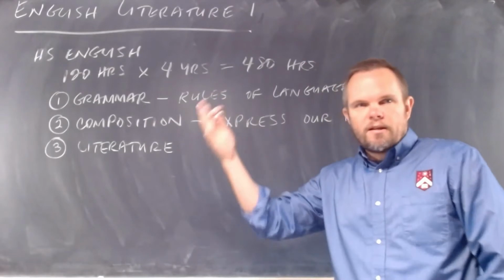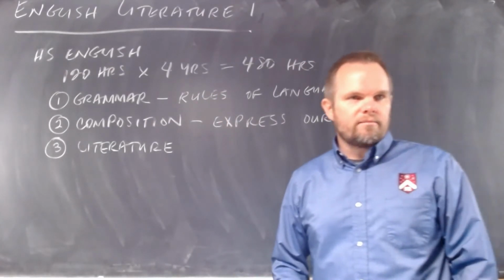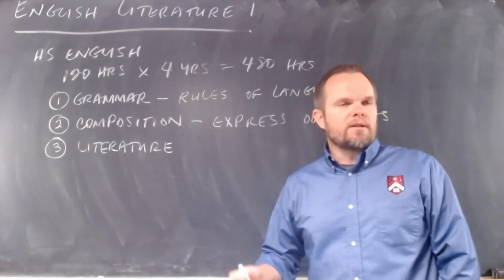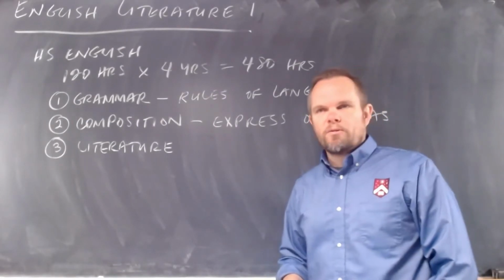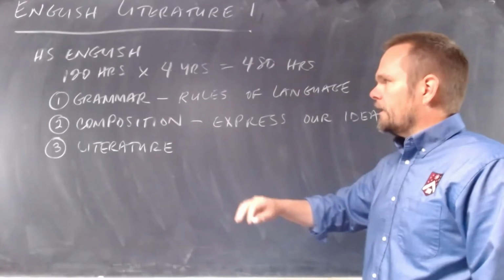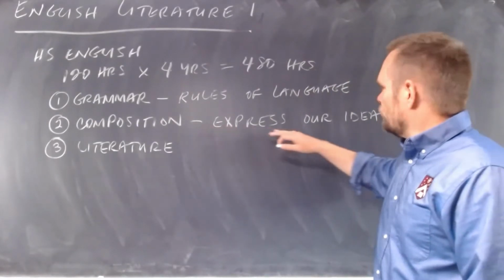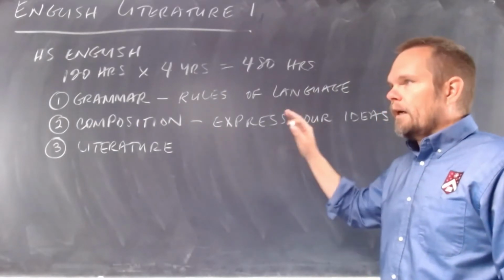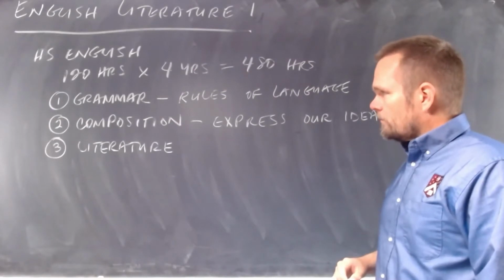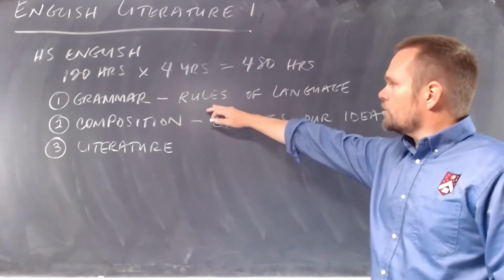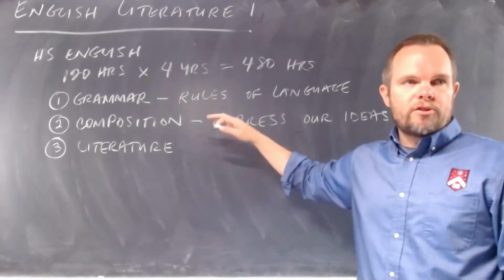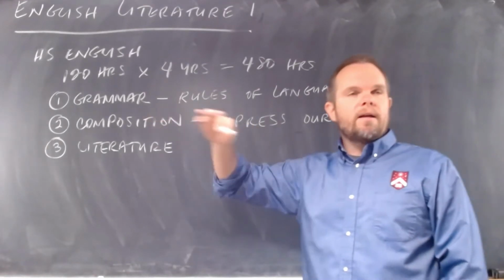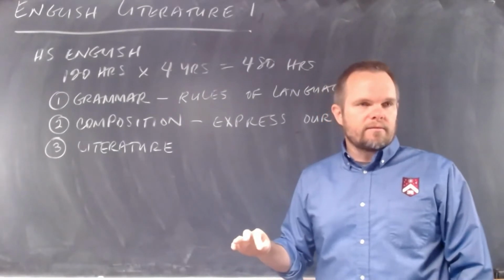So you're not just expressing your own ideas. People will say things like, oh, I'm just expressing my own ideas. Well, there's no reason to write something that just expresses your own ideas. You're writing it to communicate. So in composition, we work to learn to express our ideas. We use grammar, we use the rules of language to check our composition and make sure that we've shared our ideas in a way that everyone else can understand.